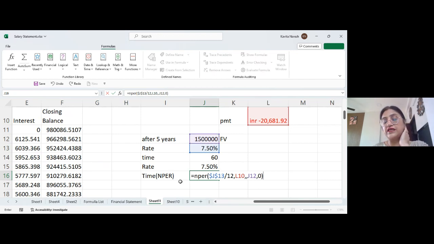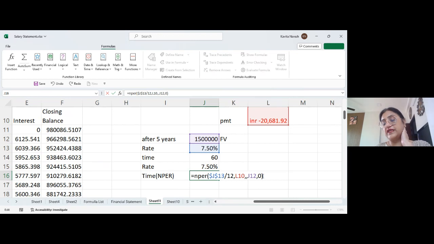See, just understand the formula. In NPER, I know the rate promised by the financer where I am depositing my money. And I know how much money I will deposit, and I know the FV. I put a blank comma here because I don't have the PV.